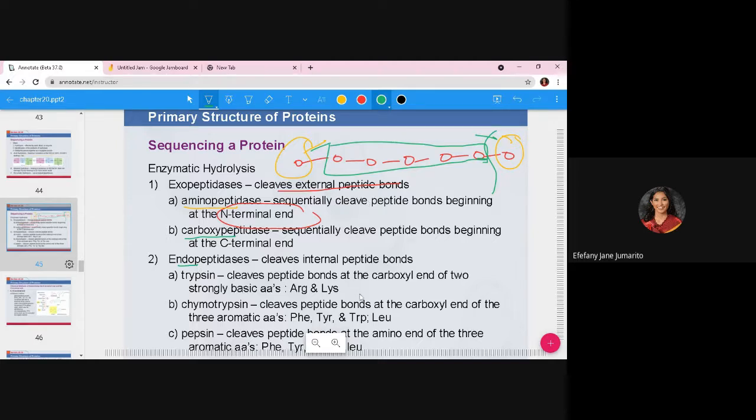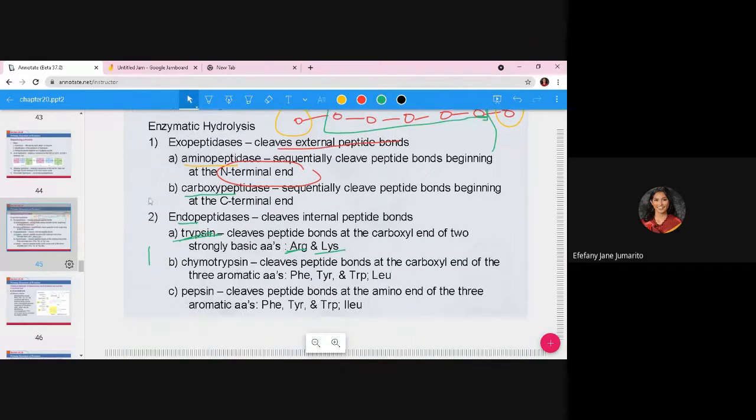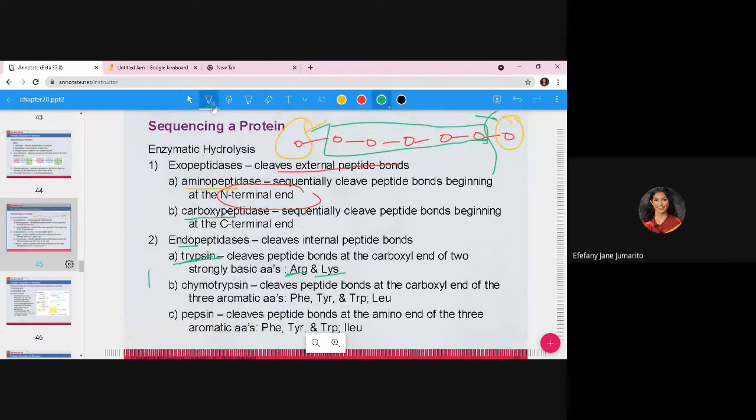I-break. So the trypsin cleaves peptide bonds at the carboxyl end of two strongly basic amino acids. So we have the arginine and the lysine gina-cleave. Okay, if we have the lysine or arginine here, then trypsin cleaves it. Then we have chymotrypsin. Yang gina-cleave is this one: tyrosine, tryptophan, leucine, and phenylalanine.